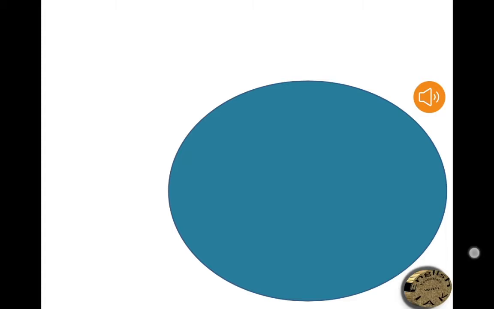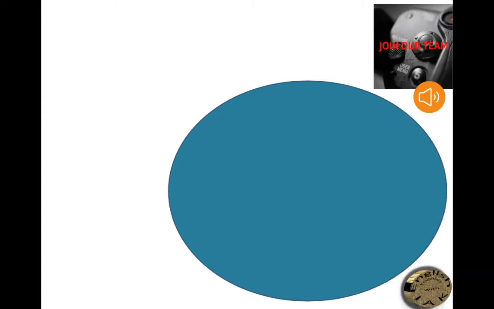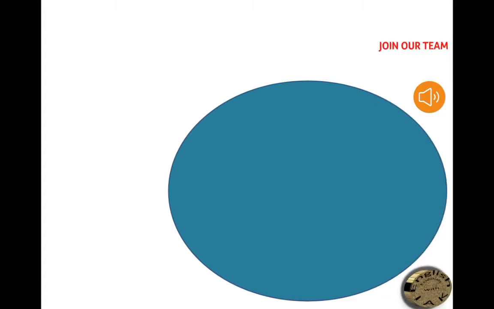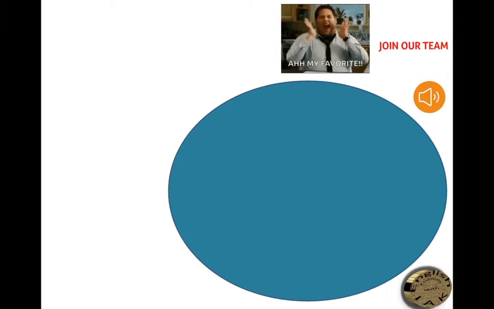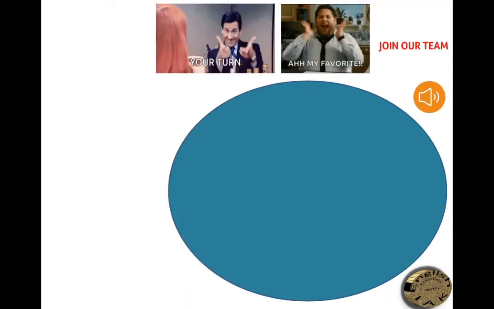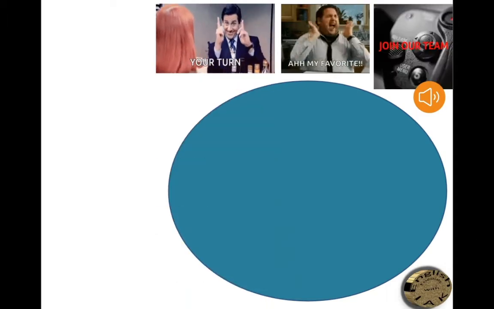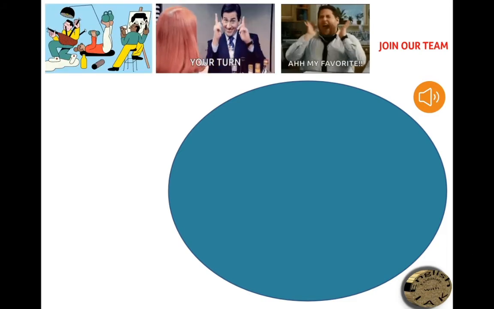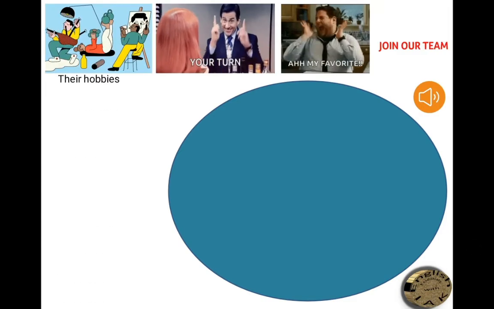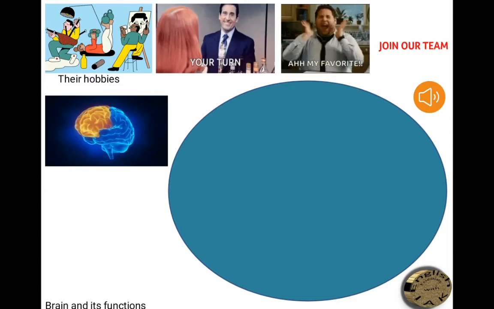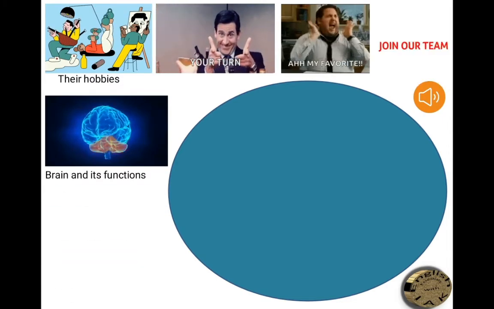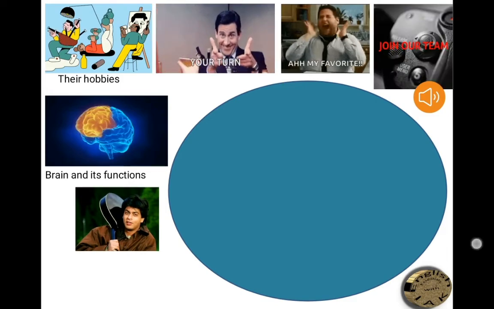So here is the first slide. Join our team. My favorite. Your turn. Their habit, their hobbies. Brain and its functions. His name.